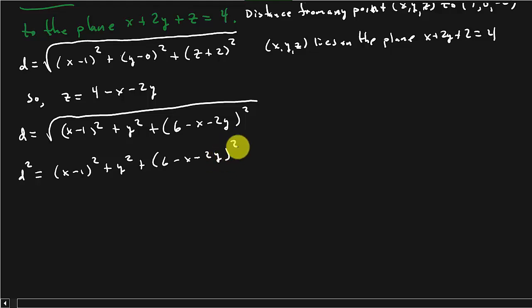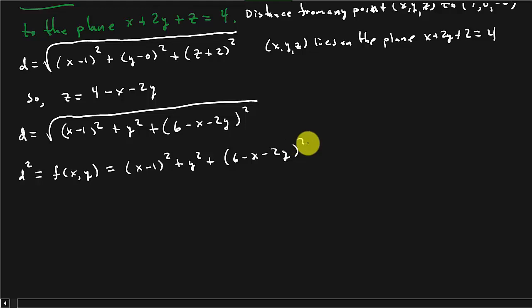Okay? It's easier to take the derivative. Let me write this. This is actually, once we square both sides, that's what we're going to use as our function. Okay, so we're going to minimize that.